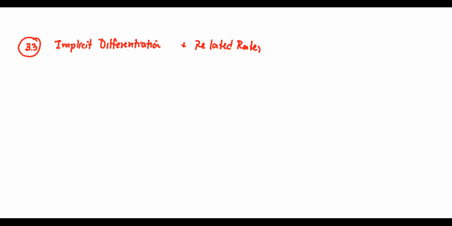Okay, the first half of 3.3 was about implicit differentiation, or the case where you have the function in implicit form. So the steps of finding the derivative: your goal is to find dy by dx, and y is not in explicit form.